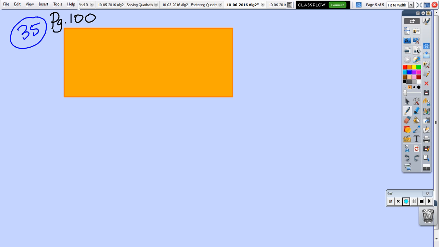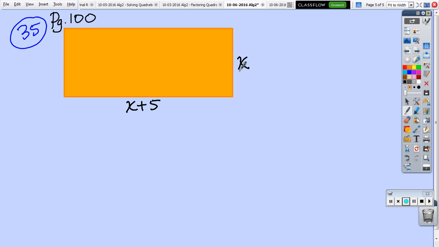All right, so on number 35, it says we have the area of a rectangle is 36, and we have side lengths of x and x plus 5. Okay, let's go ahead and label what they're talking about. So this is x plus 5, and this is x. And they say, did they give us the area?